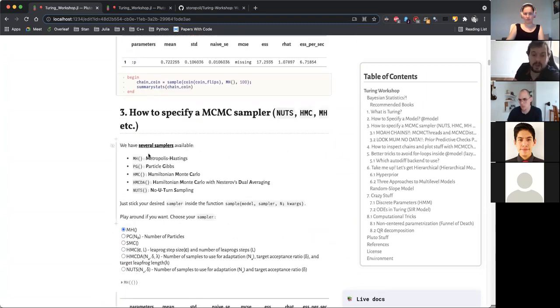And this is something nice because Stan has only HMC. It's really fast, it's really robust, but it only gives you one sampler. It's HMC. It's kind of like the Ford Model T: you can have any color you want, being black. You can have any sampler you want, being just HMC.